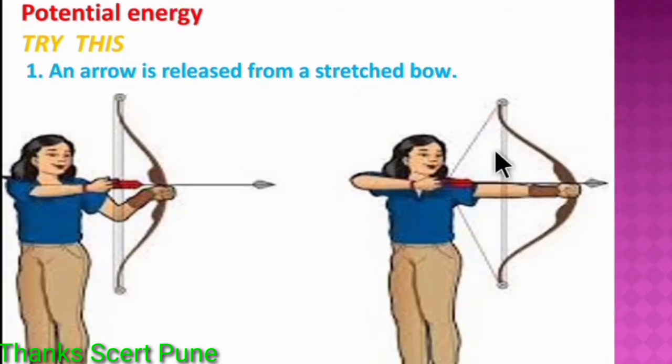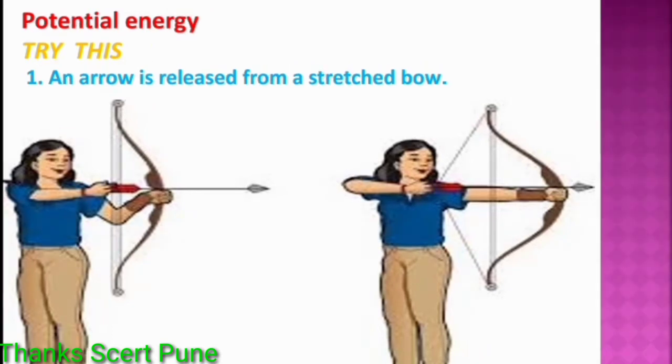See in this picture, when the girl stretches the bow and releases the arrow, the arrow goes fast in the forward direction. Second question, where did the energy required to cause the motion of the object come from? Answer of this question, the energy required to cause the motion came from the energy stored in the system, that is potential energy of the system.